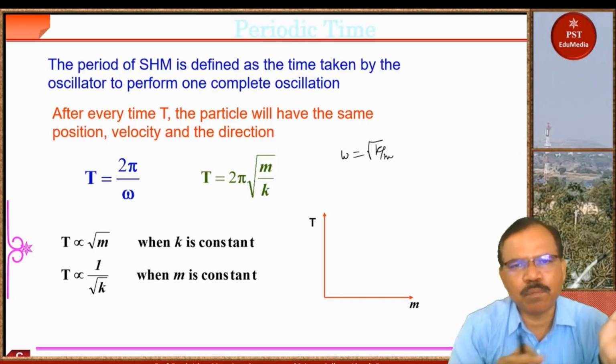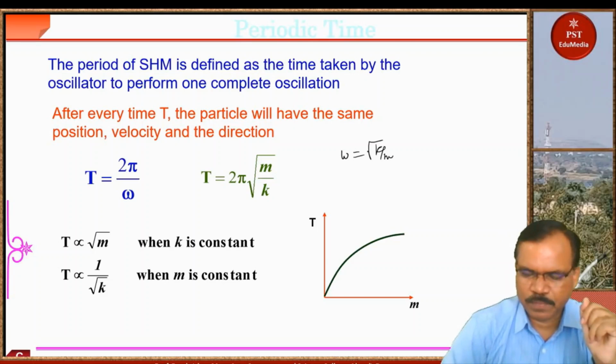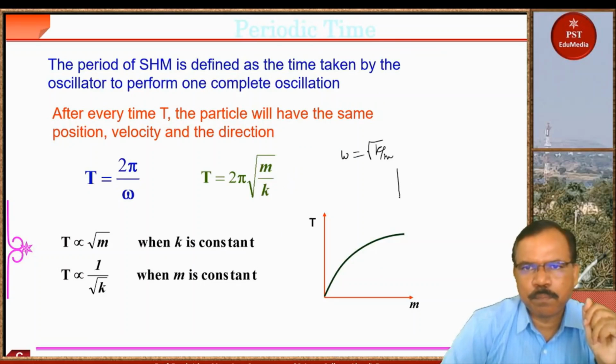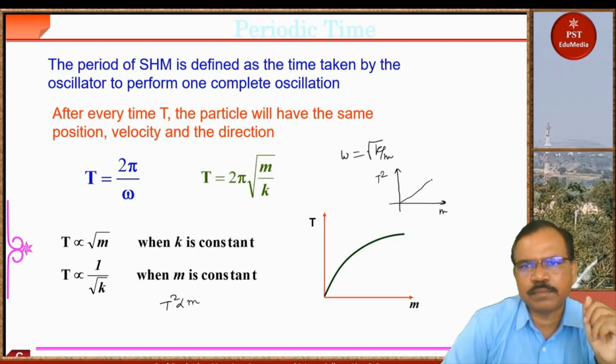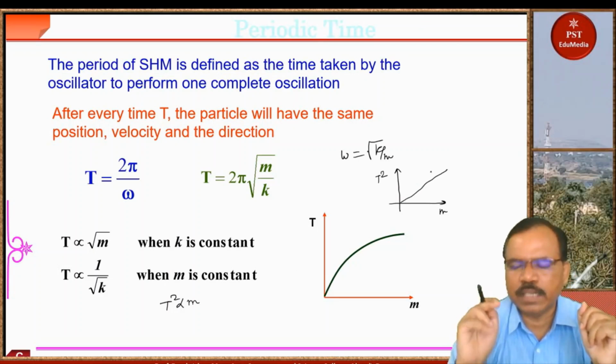So if we plot a graph of T versus m, we will get a parabolic graph like this. But if we plot a graph of T square versus m, T square is proportional to m, then we will get a straight line graph like this.